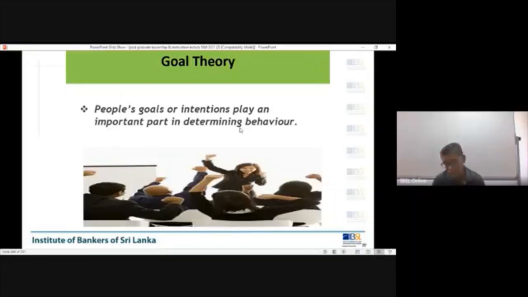So you must set targets and clearly explain the targets to the employee, and those targets should be jointly discussed, challenging but achievable. For that, you can motivate the employees. So that's what the goal theory talks about, very simply.